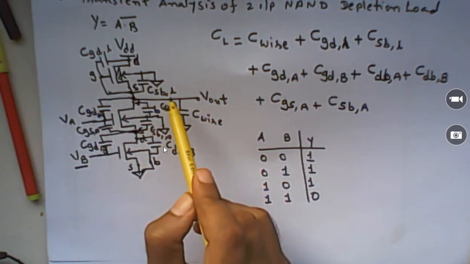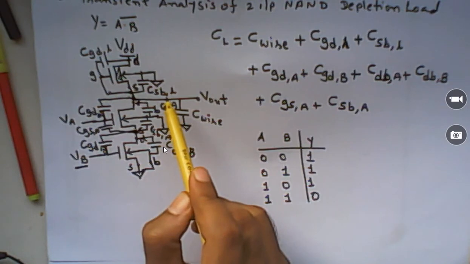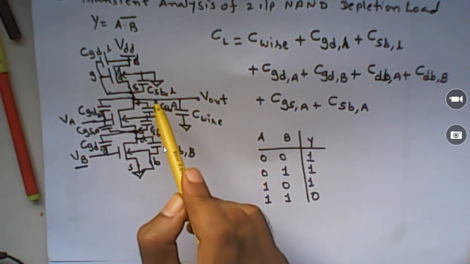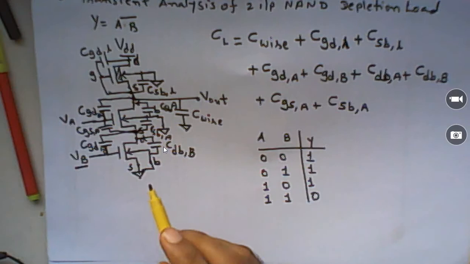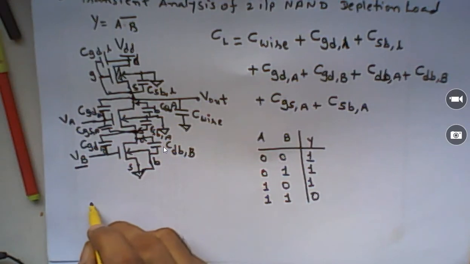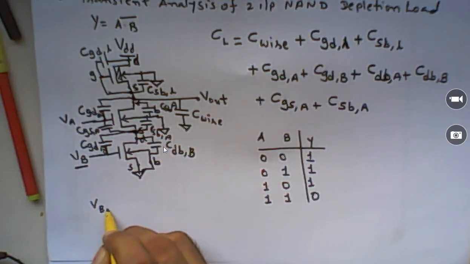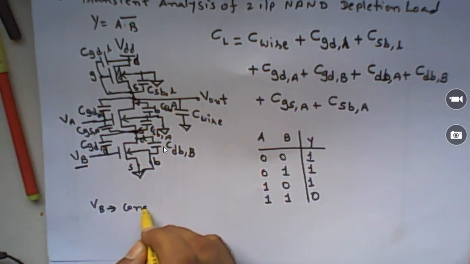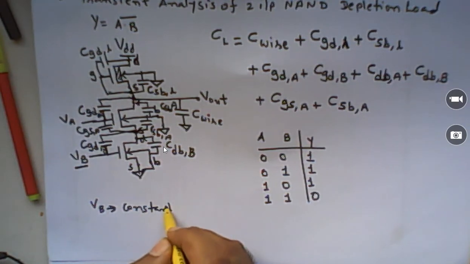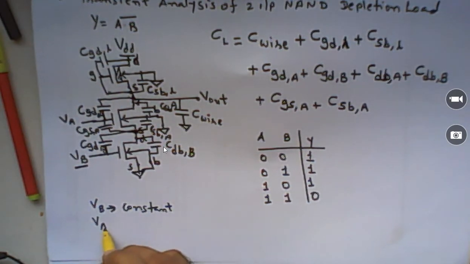So in case 1, the propagation delay time is low, because input B is constant and input A is going to change from 1 to 0, which makes the output go from 0 to 1.